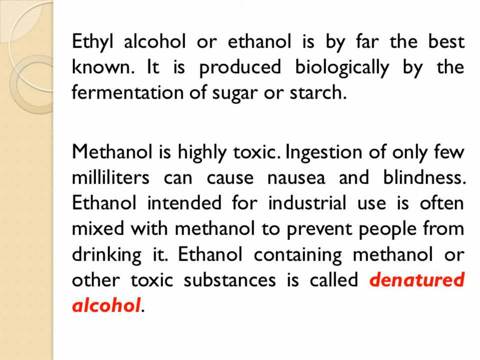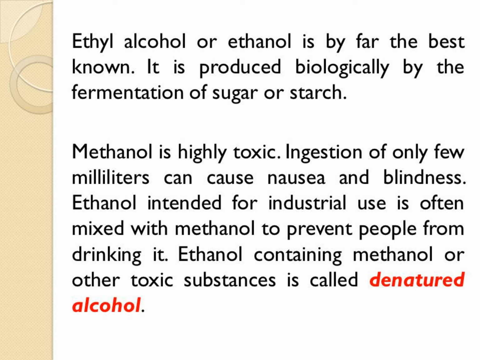Ethyl alcohol or ethanol is by far the best known. It is produced biologically by the fermentation of sugar or starch. Methanol is highly toxic. Ingestion of only a few milliliters can cause nausea and blindness. Ethanol intended for industrial use is often mixed with methanol to prevent people from drinking it.